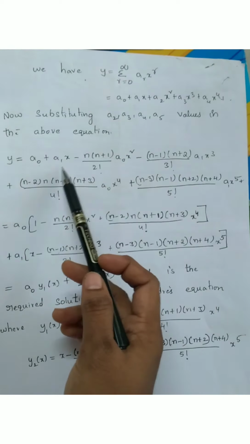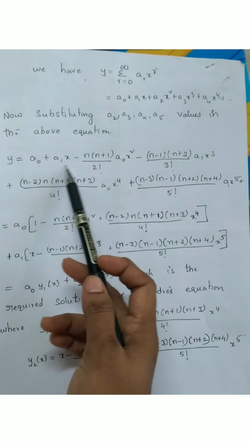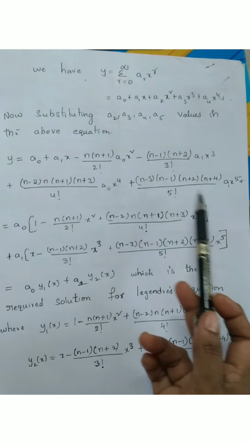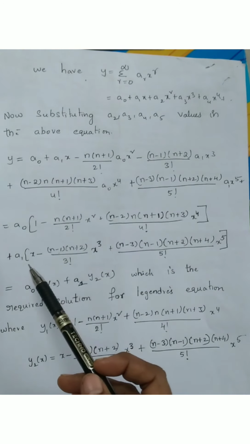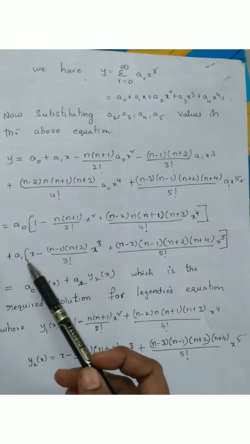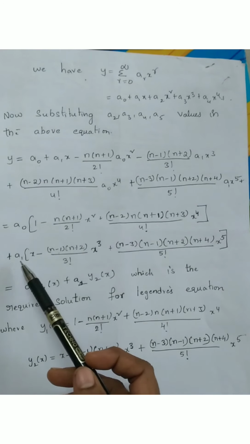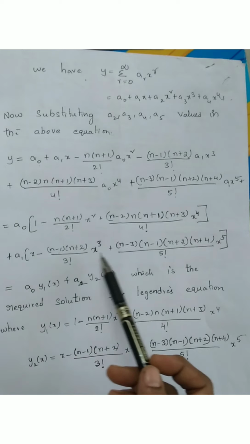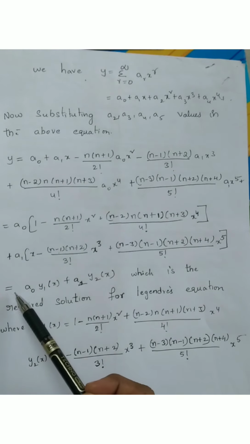Similarly, in the remaining three terms we are taking common a1. In this term and this term, we are taking common a1. After taking common a1, the equation takes the form y equals a0.